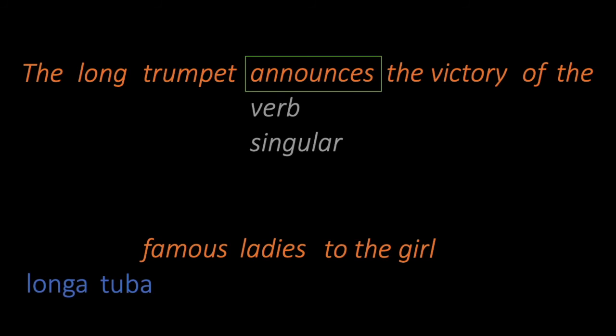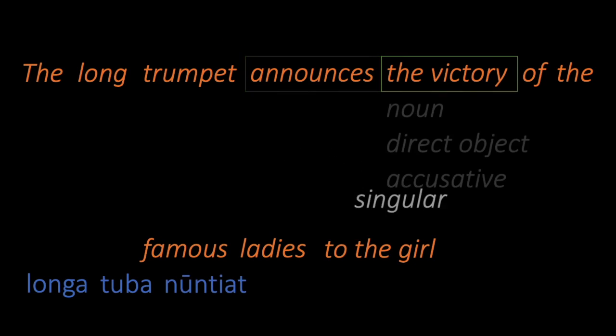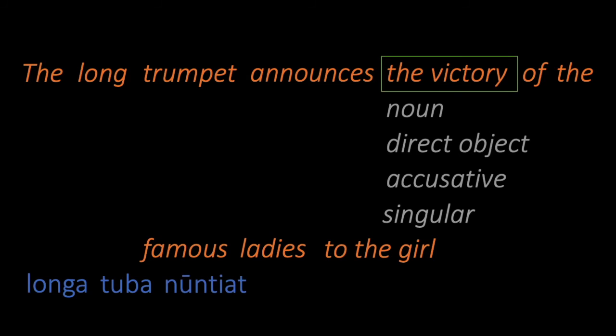Announces is a verb that must agree with the singular subject, trumpet. We will translate it as nuntiat. The victory is the direct object of announces. The Latin for victory is victoria, but because it's the direct object, its form should be accusative singular, so we say victoriam.